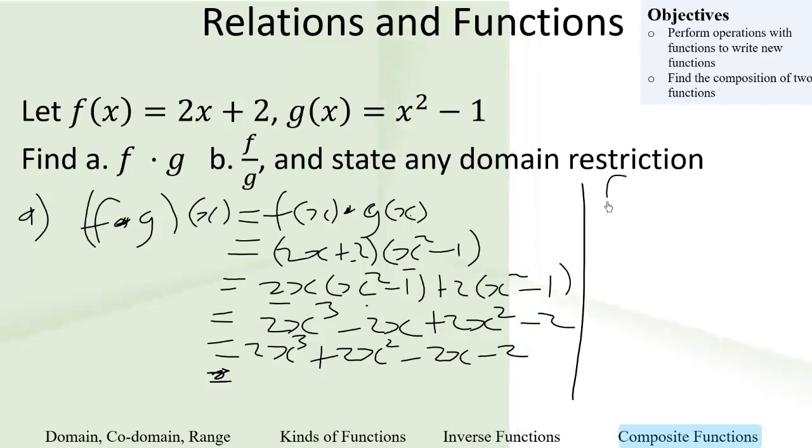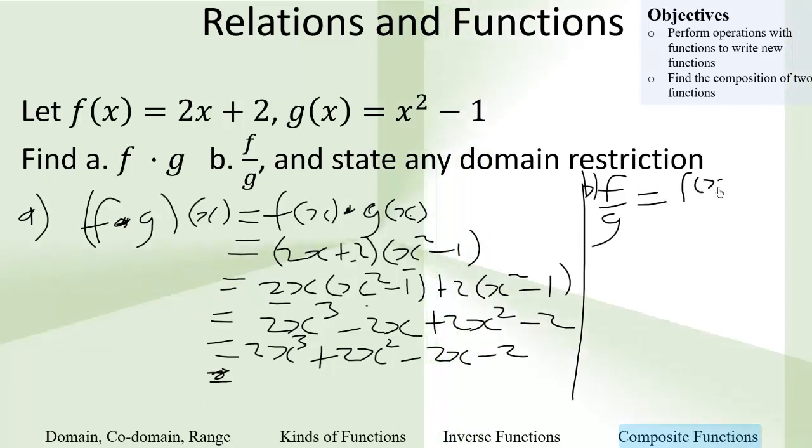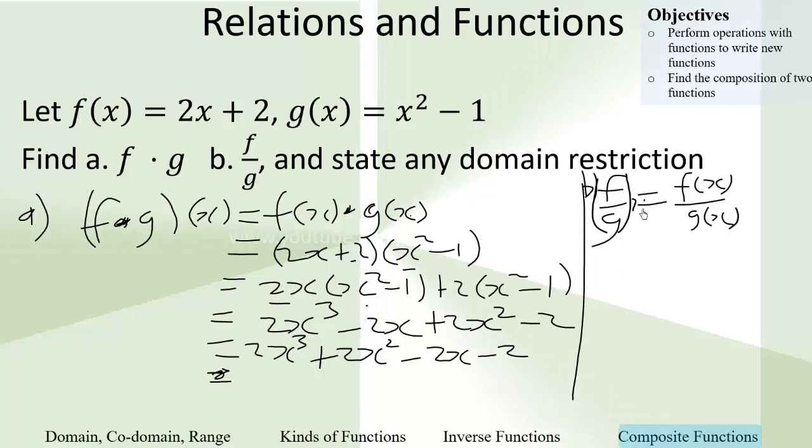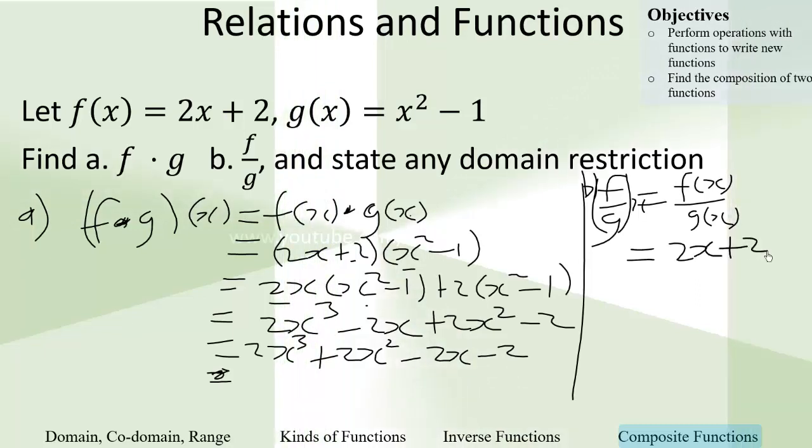Then let's look at the division. f over g. So this is the b part of the question. It is the same as f of x over g of x. So this will give us 2x plus 2 over x squared minus 1.